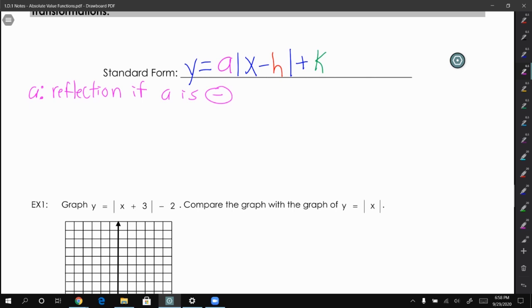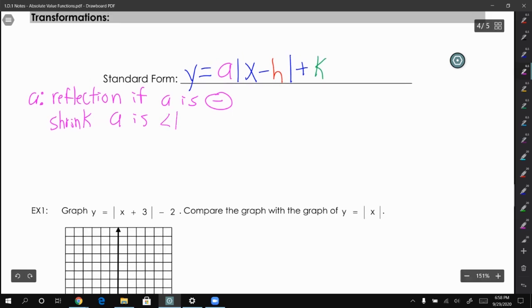This also tells us if there's a shrink or stretch. You remember how it got really skinny? So it got stretched out, and then it got fatter, so it shrunk a little bit. So A also tells us shrink, if A is less than 1, or a stretch if A is greater than 1.